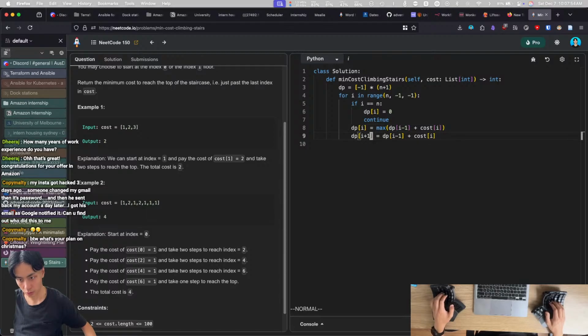I believe. Sorry, the min of this and dp[i]. Okay, but with the min, this has to be some initialized value, maybe math.inf, because that just makes it easier.